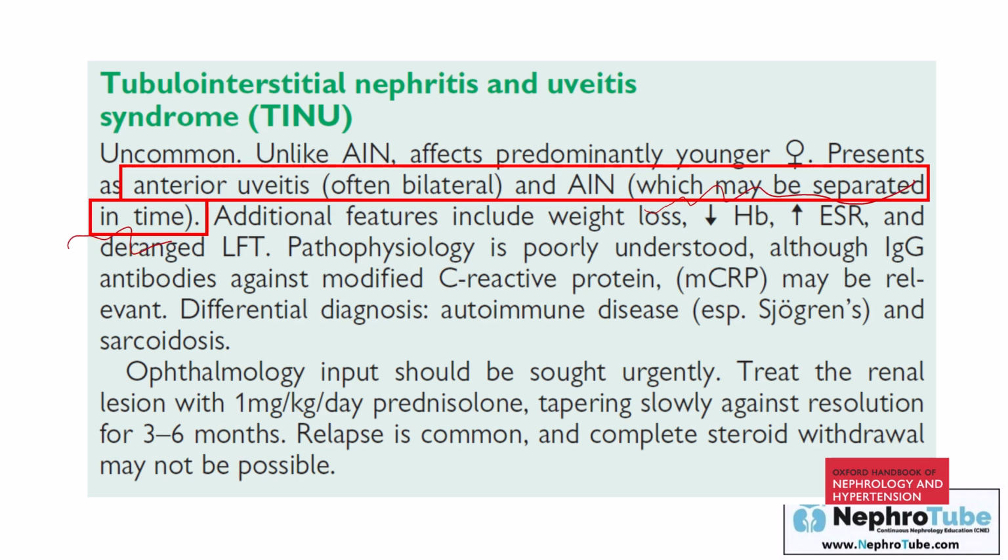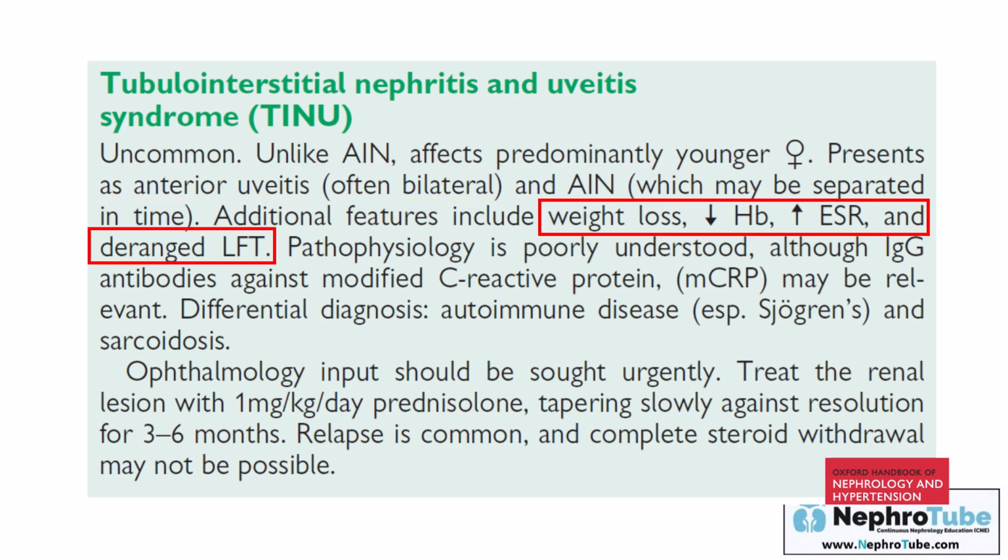So if you are treating in your hospital or clinic a case of acute interstitial nephritis in a young female, you have to ask her about a past history of anterior uveitis in the form of eye burning and so on.